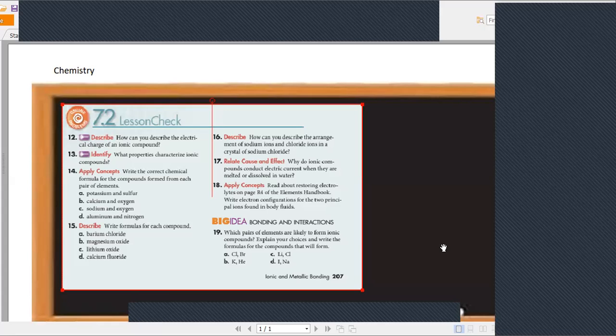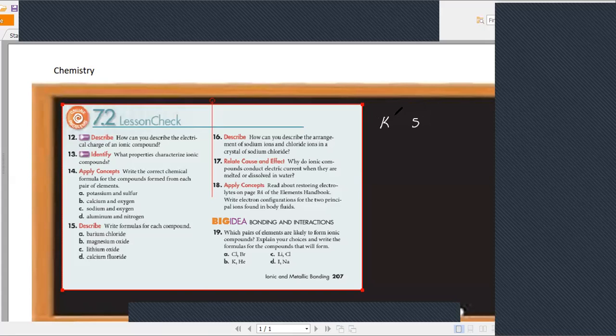I need the periodic table. For a question like this, what do we need to find? The valence electrons, teacher. So K is in group 1, so it's going to have one valence electron. Sulfur is in group 6A, so it's going to have 6 valence electrons.